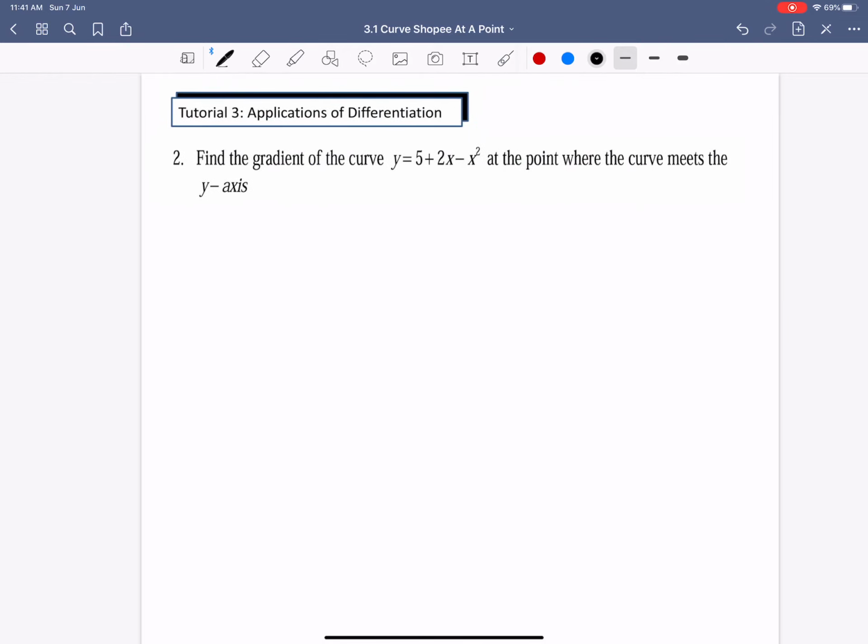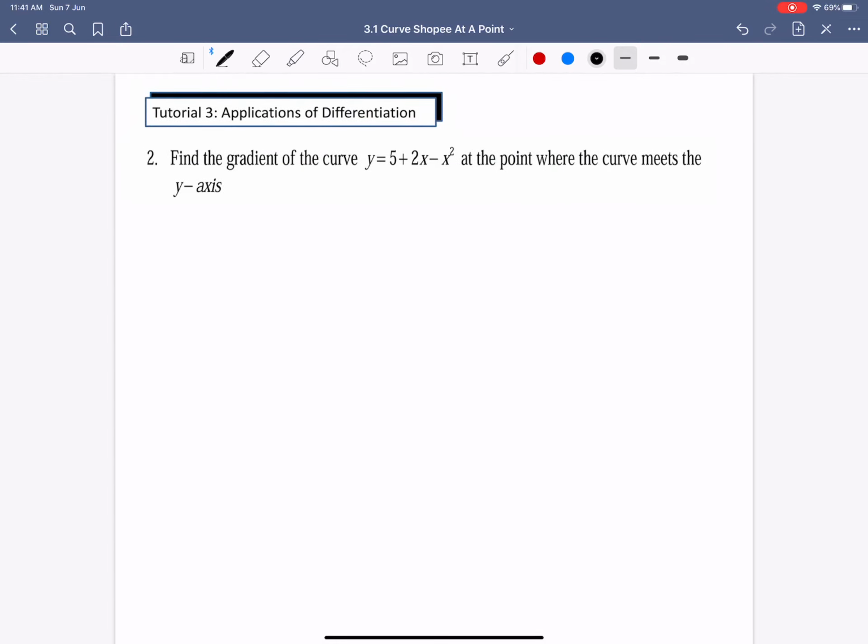The third example, let us refer to question number 2. In question 2, we want to find the gradient of the curve y equals 5 plus 2x minus x squared at the point where the curve meets the y-axis.